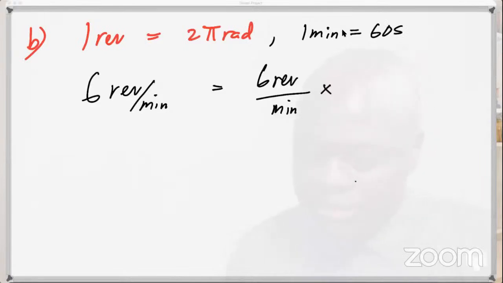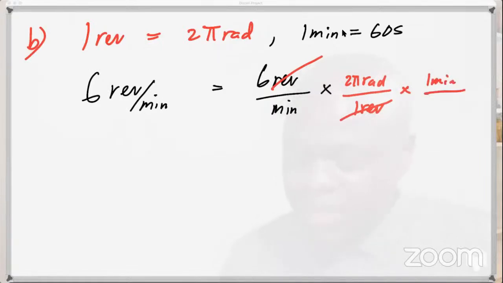So with this, I can then line up the conversion factors, 2 pi rads divided by 1 rev. Remember, my goal is to cancel the rev out, and then the next conversion factor, 1 minute on top, divided by 60 seconds. Again, the goal is to cancel the minutes.